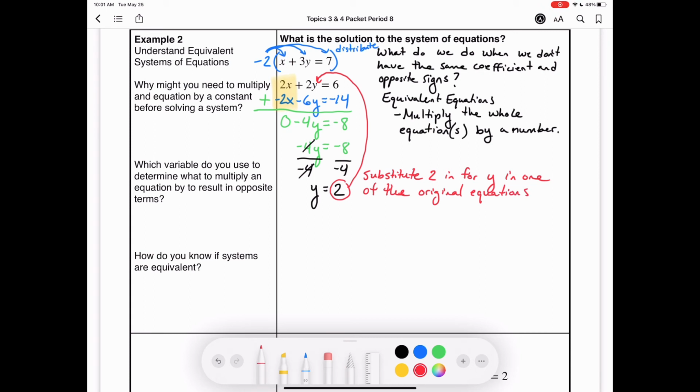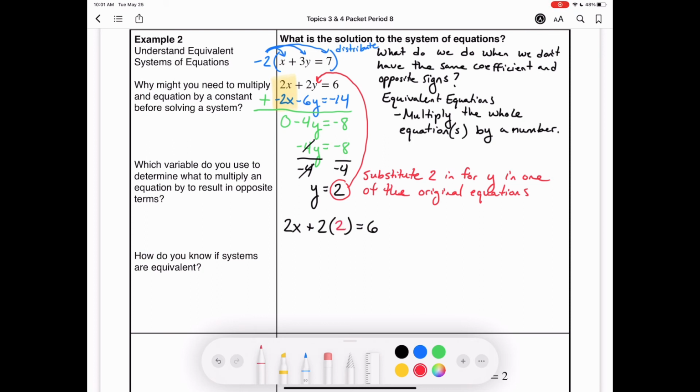All right, so now I'm going to rewrite my equation, substituting in that 2. So I will write it as 2x plus 2. I'm going to put the parentheses in where I'm going to substitute, equals 6. So I'm substituting the 2 in for the y.